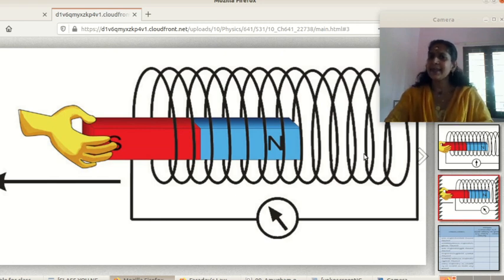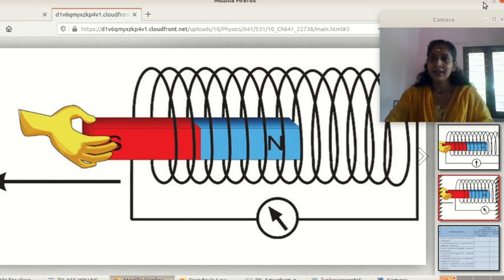From this we can understand that a small current is produced there. Galvanometer is a device used for detecting small current. In 9th standard you studied about it, isn't it?